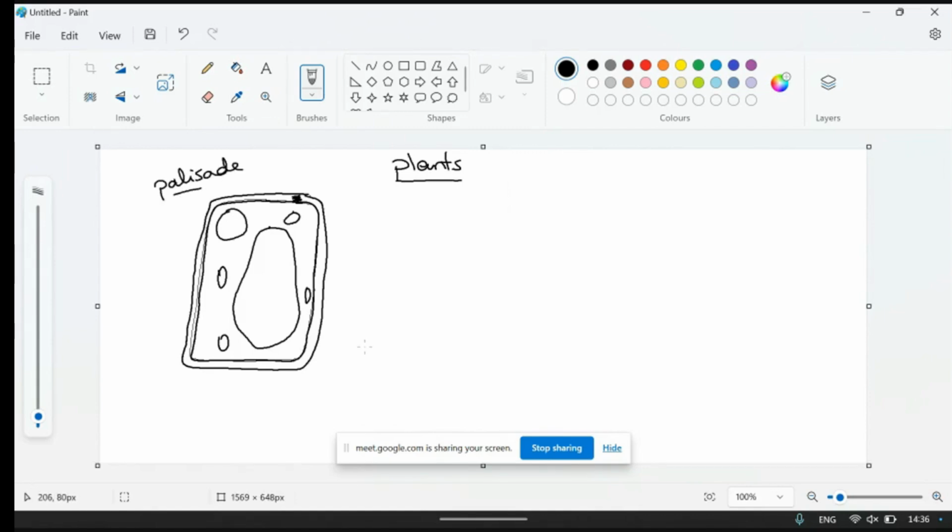The adaptation is that on a sunny day, this large vacuole is going to remove water out of it. So it will shrink inside, and this will allow the chloroplasts to go away from the cell membrane. By this, they are protecting themselves from the very high light intensity around the cell. But what if it is a dim day, with not enough sunlight to do photosynthesis? At this point, the large vacuole will be filled with fluids, with a lot of cell sap.